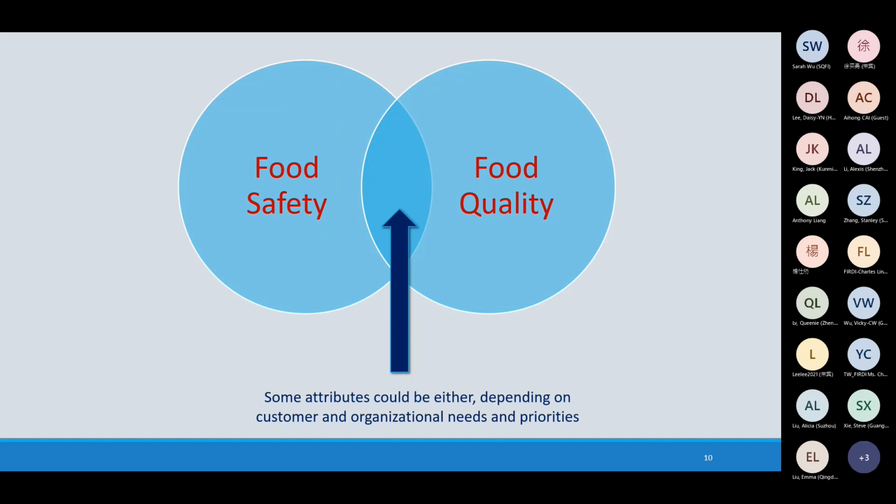Food quality aspects are attributes that, if not controlled, will not necessarily cause harm to the consumer, but will cause harm to the business because the consumer doesn't like them and will move to different products, or the retail customer doesn't like them.